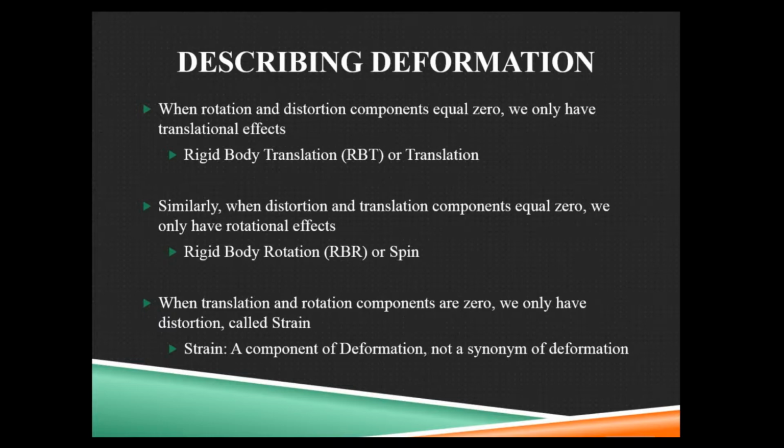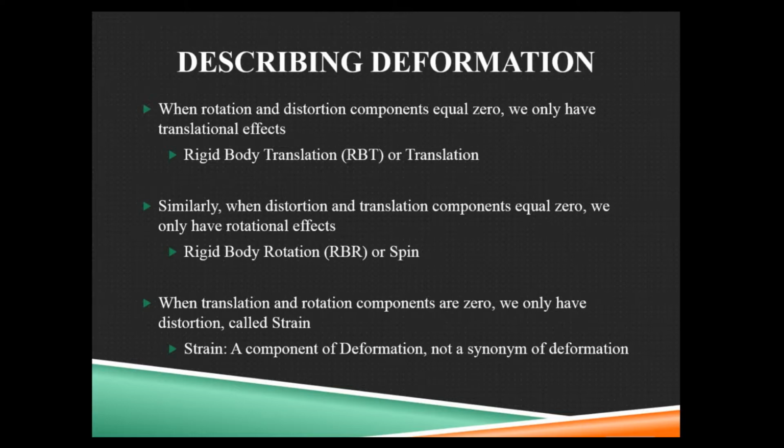If the translation and rotation components are 0 and it's only distortion, we simply call it strain. And strain is a component of deformation, not a synonym. It's only strain specifically if it's the distortion component of deformation.